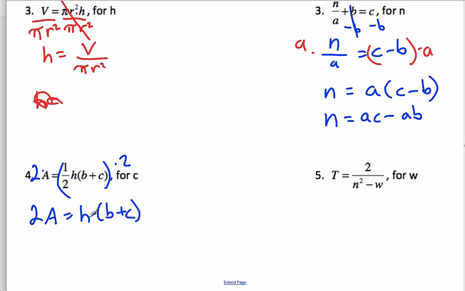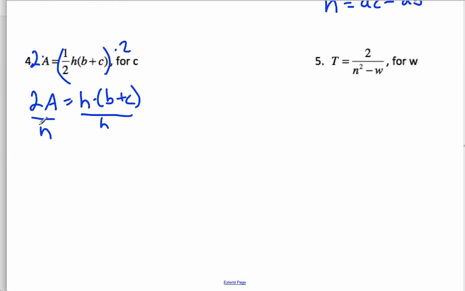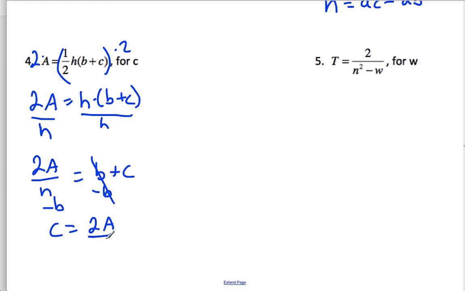To get rid of the multiplied by h, we divide by h. So now we have 2a over h equals, h is cancelled, and we have b plus c. So then I will subtract b from both sides. It's gone. And we have c equals 2a over h minus b, because we just subtracted b.